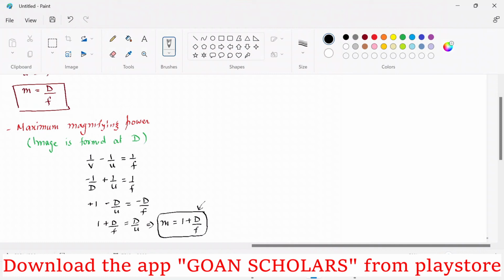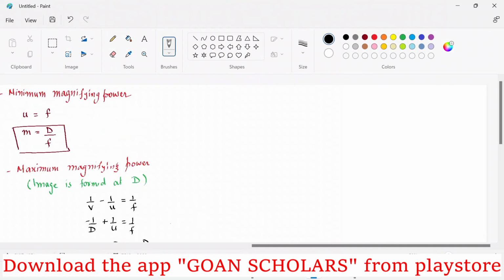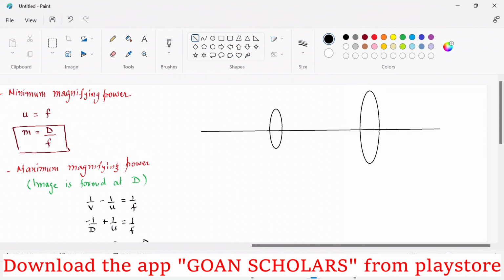So what you do now is combine two lenses. These two lenses are combined in such a way that this is the smaller one and this one is bigger, and they have a common principal axis as usual. So let me write here compound microscope and put a line here so that you don't get confused.